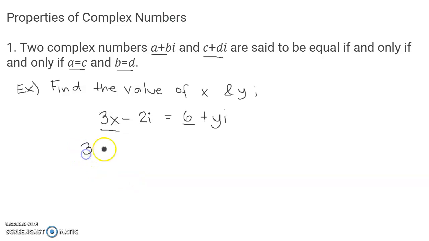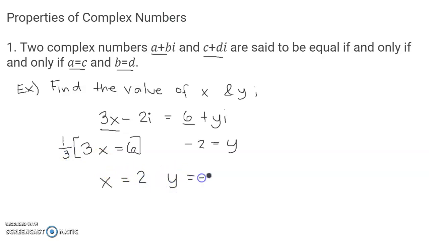So 3x is equivalent to 6, and the imaginary part -2i is equivalent to yi, or simply negative 2 is equivalent to y. So our value of x is found by dividing both sides by 3. So we have x is equivalent to 2 and our value of y is equivalent to negative 2.